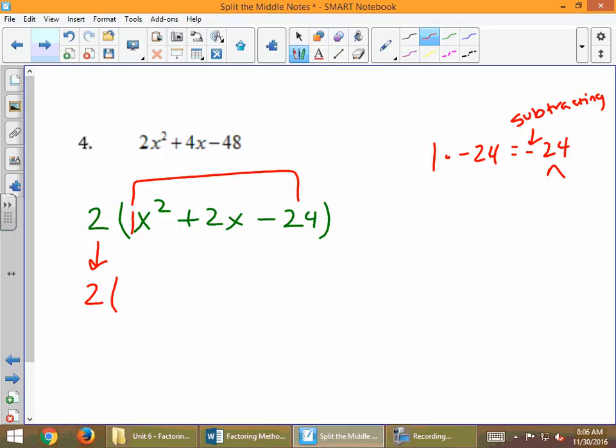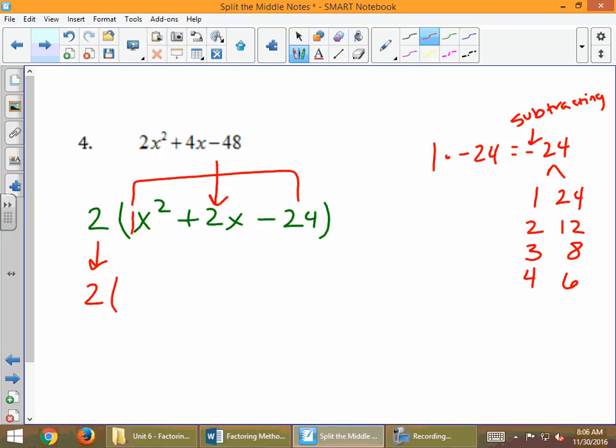What are all the numbers that multiply to give us 24? 4, 12, 8. What else? 6. Anything else? Which one of those subtract to give us our middle number, and make sure the middle number is the new middle number that's inside your parentheses. 4 and 6.